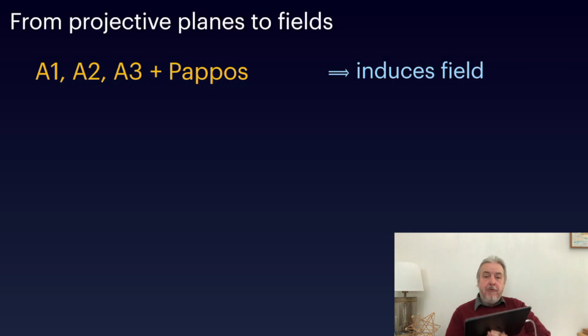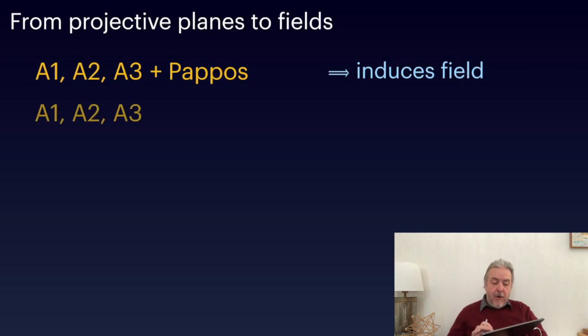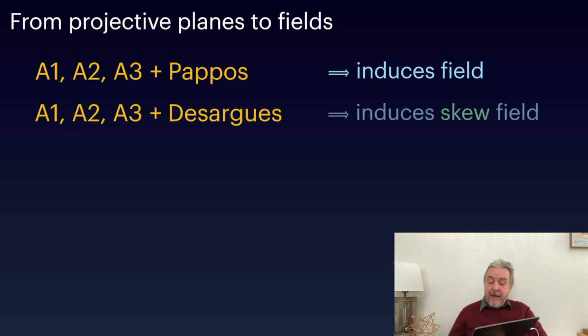You may remember from the last lecture that Pappus' theorem somehow is very strong. In particular, Pappus' theorem implies Desargues' theorem. So one may ask, well, what happens if Pappus doesn't hold, but only Desargues' theorem holds? Then indeed what you get is not a field, but you at least get something like a skew field.